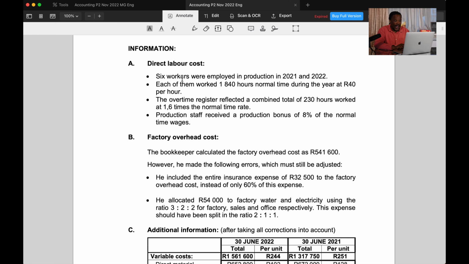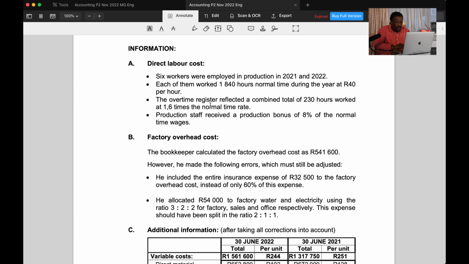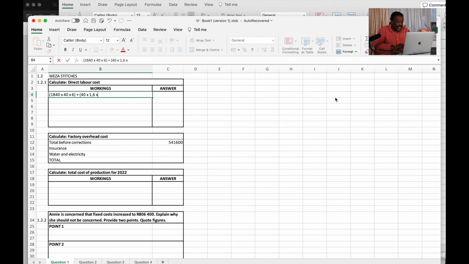There were 6 workers, so multiplied by 6 workers. Don't forget that, because many students will give that calculation and forget the number of employees. Very, very important. Plus the overtime that was worked, which is 40 rand times the 1.6 overtime rate times 230 hours.